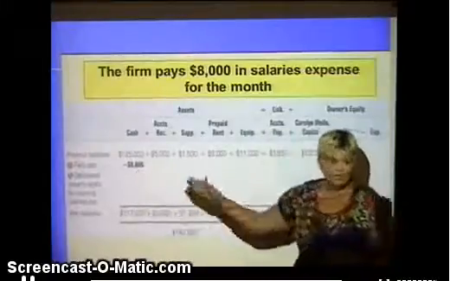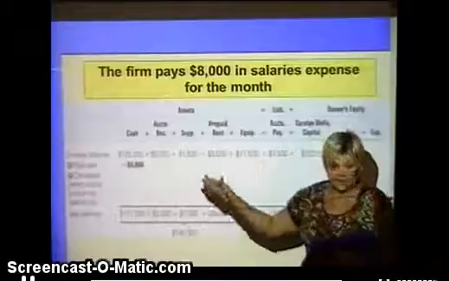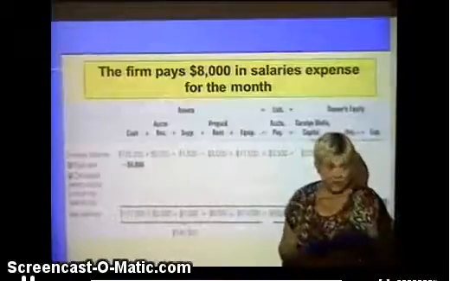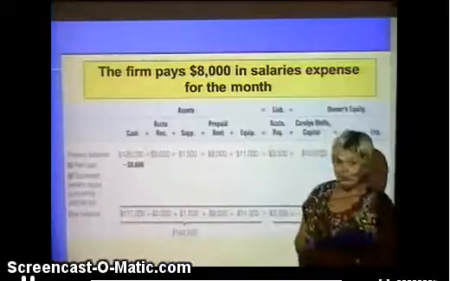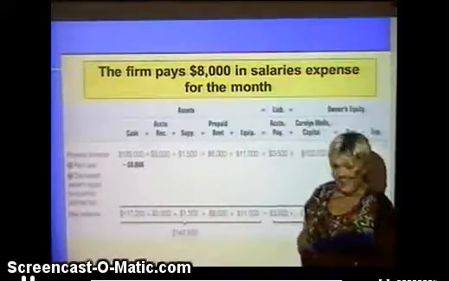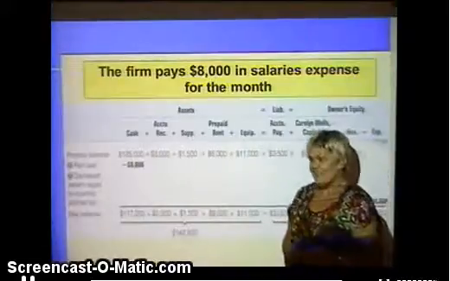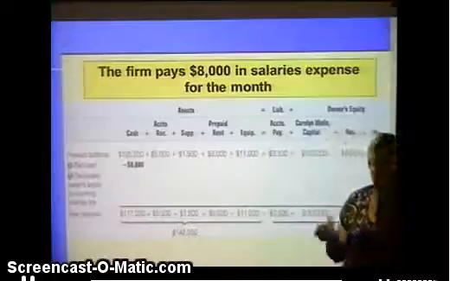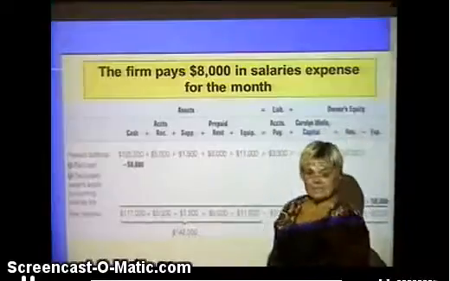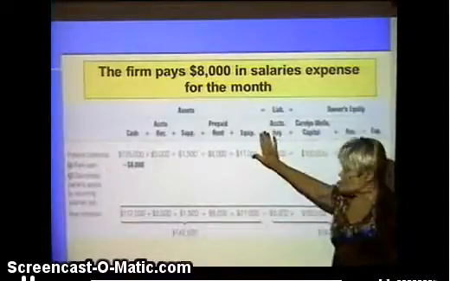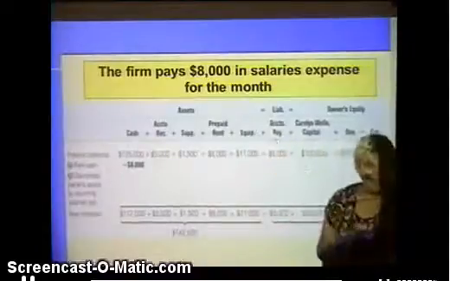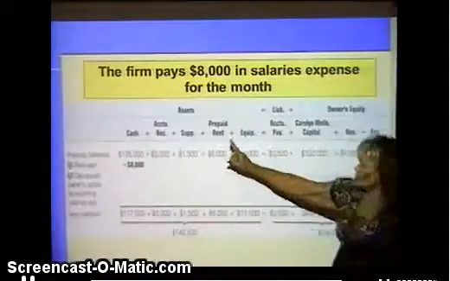You'll notice that there's two parts to every transaction. It seems like you're giving more than you're getting, or just changing around an asset, right? Changing something. So there's two parts, because we must at all times keep our equation in balance. Here's one part.